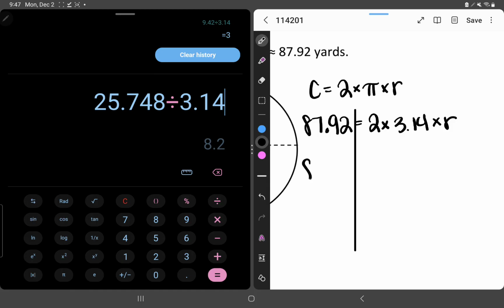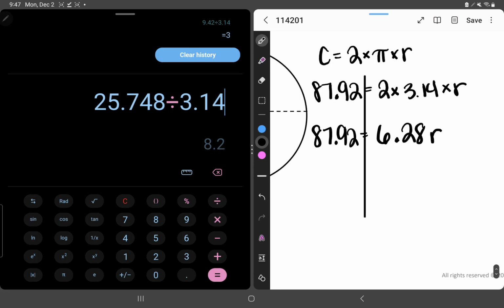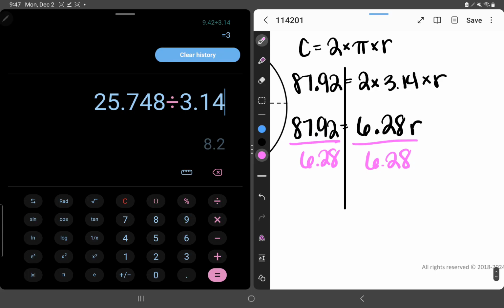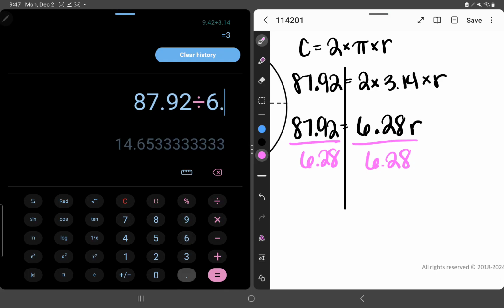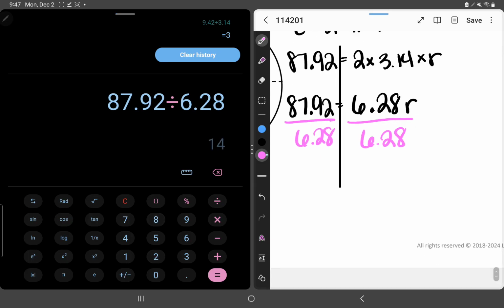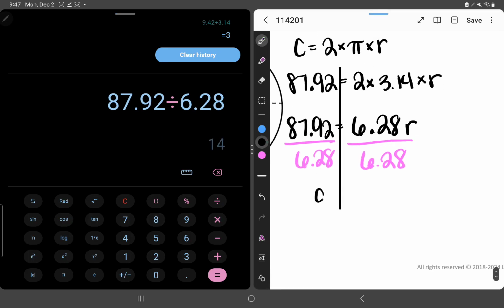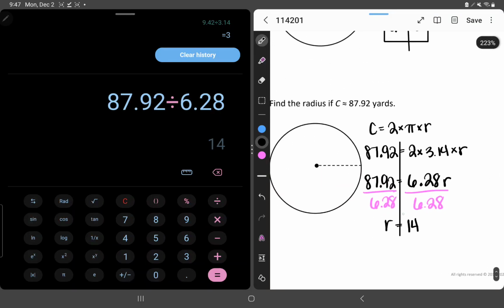I'm going to multiply. So I'm going to do 87.92, and 2 times 3.14 is 6.28. And then from there, I can now do what? I can divide now. So I'm going to divide both sides by 6.28. And that is going to give me that my radius equals 14 yards.